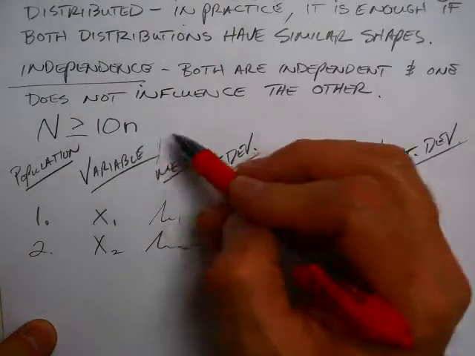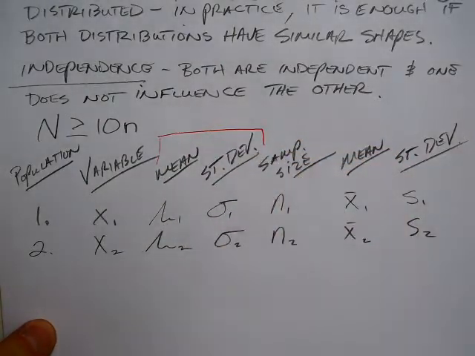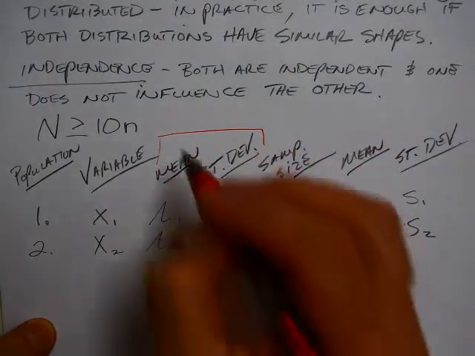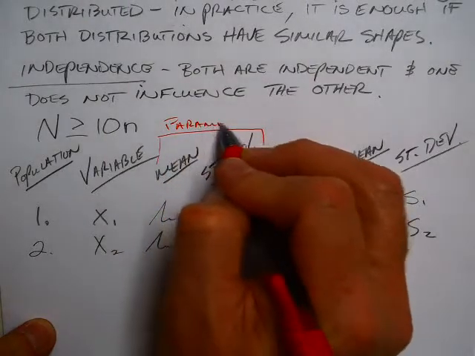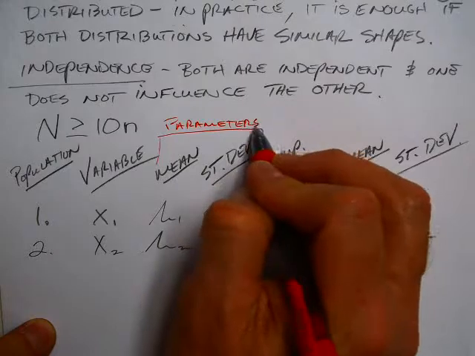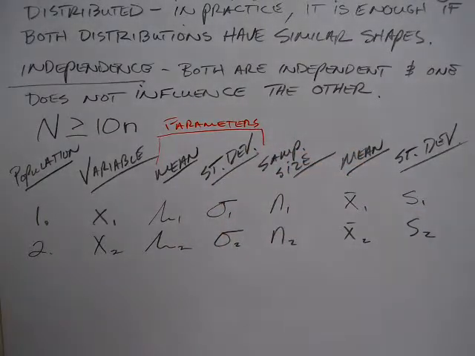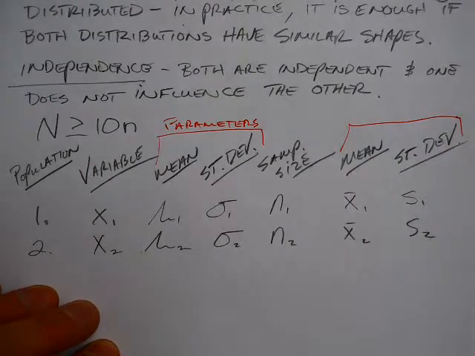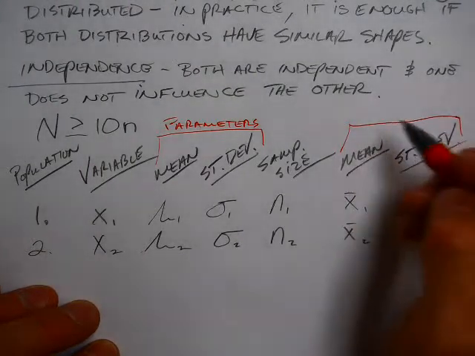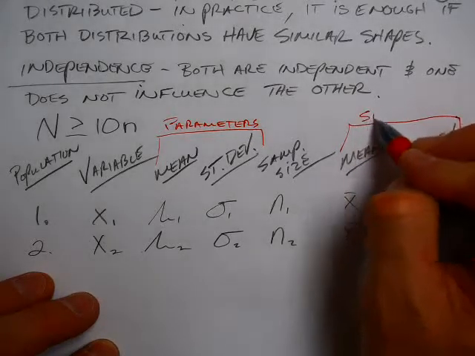These two guys here are our parameters. So they're the population mean and the population standard deviation. Over here we have our statistics, our sample mean and our sample standard deviation.